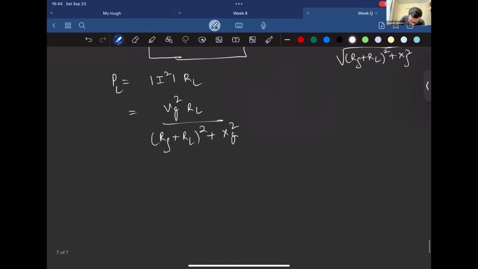In a similar way, differentiate with respect to RL and equate it to 0. Can you tell me what would be the differentiation of this load power with respect to RL? Let me know if you're doing something.